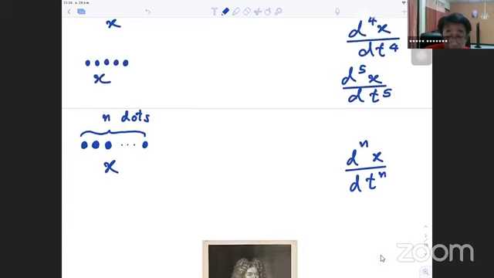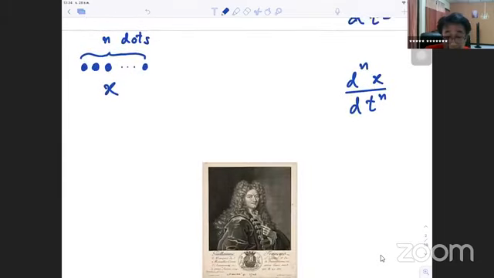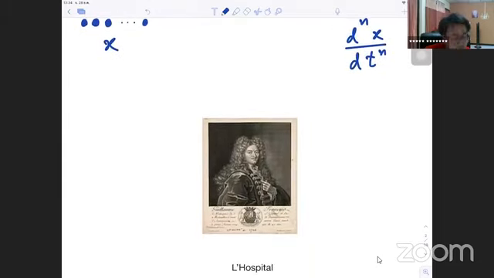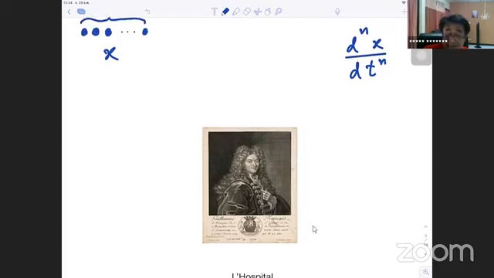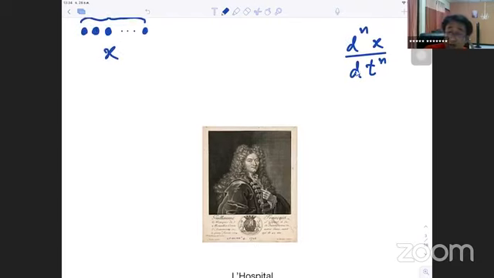Then after that, L'Hopital, I think he lived in Germany, saw the Leibniz notation and asked Leibniz what if n is equal to 1/2.